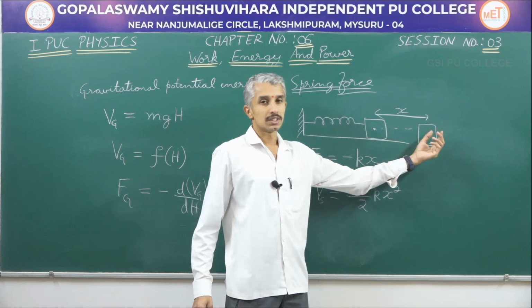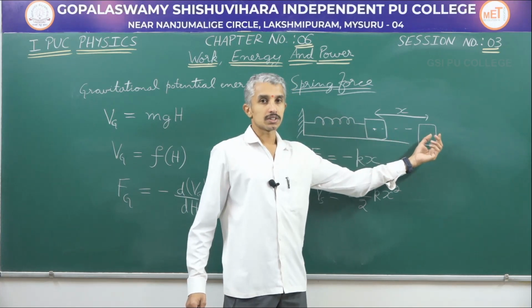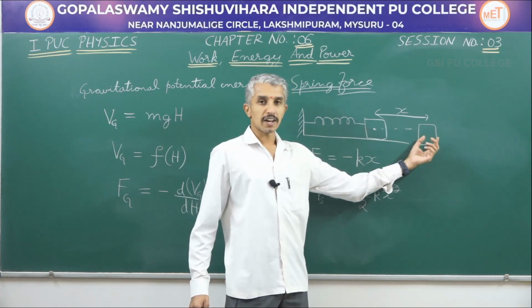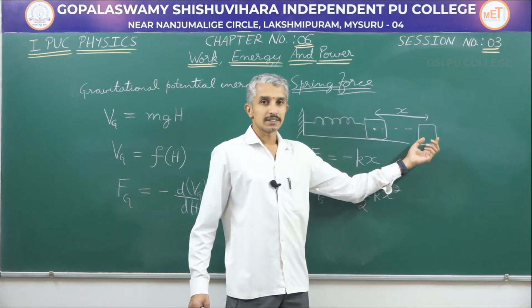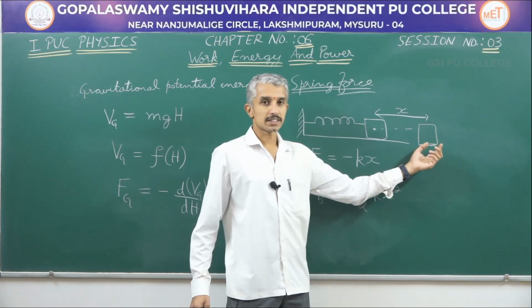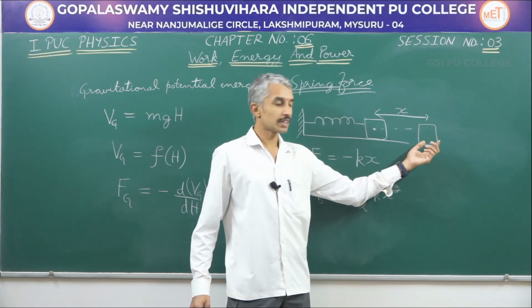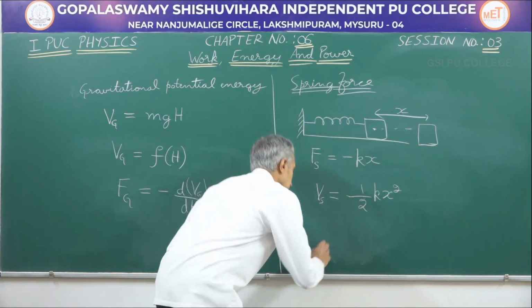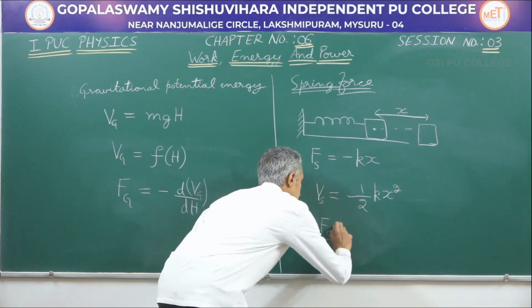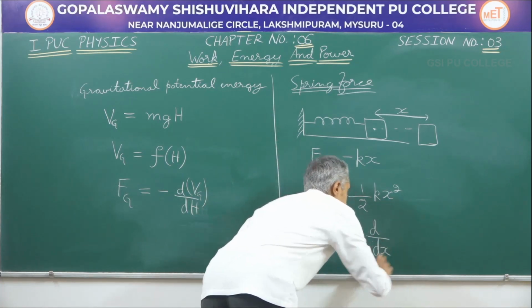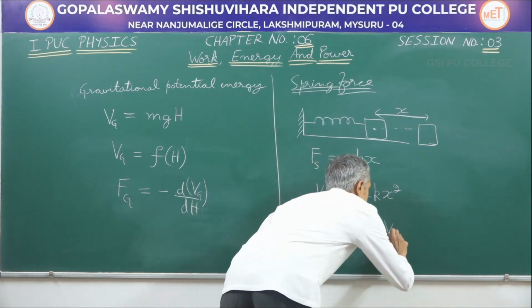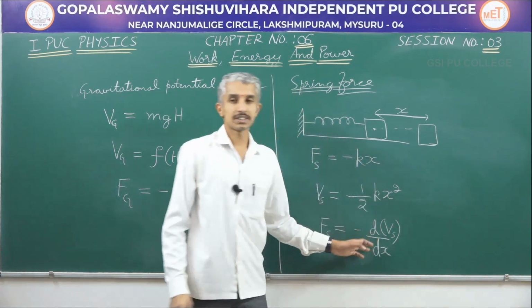So when you have pulled, the work done to pull the spring is now stored as potential energy in the object. I can call this the elastic potential energy or the spring potential energy. And we will also see that the spring force can be written as the negative derivative of the potential energy.